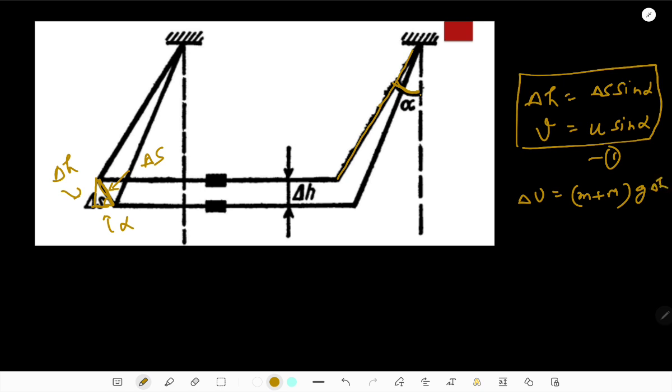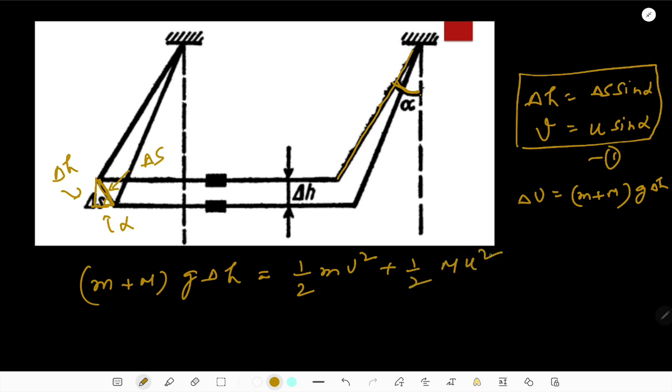This decrease will cause an increase in kinetic energy of the system. By the law of conservation of energy, (M plus m) g delta h, the decrease in potential energy, equals the increase in kinetic energy of the system, half m v squared plus half M u squared.